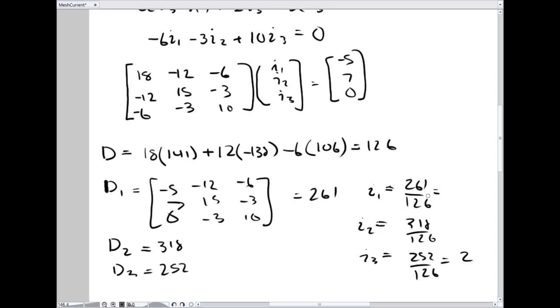So, is 126 divisible by 3? Yes, it is. So this is 87 over 42.